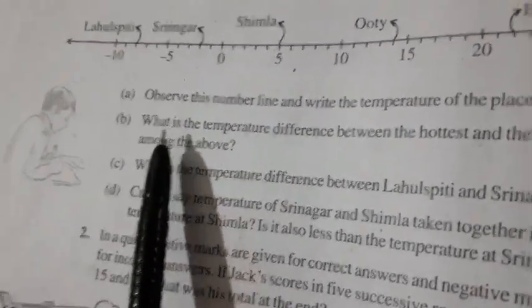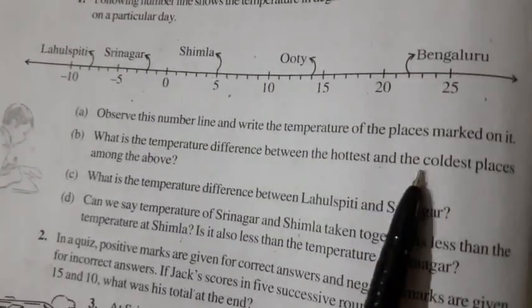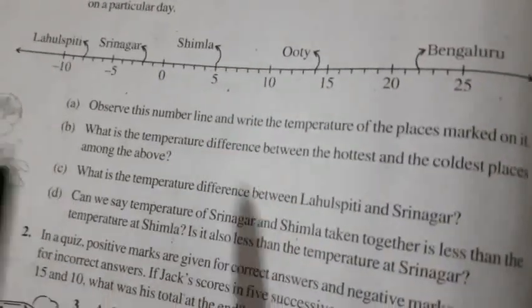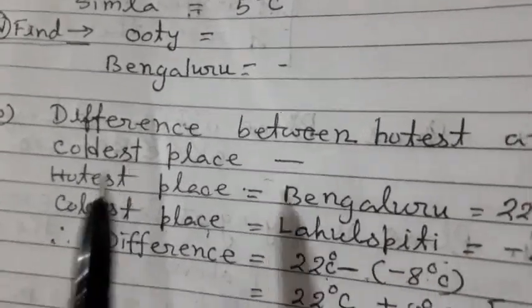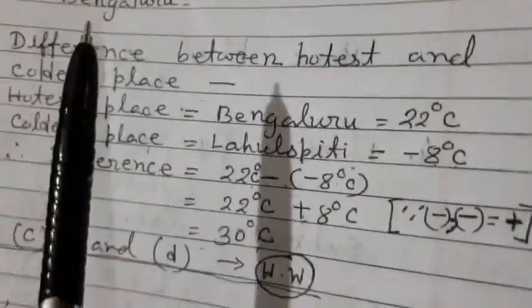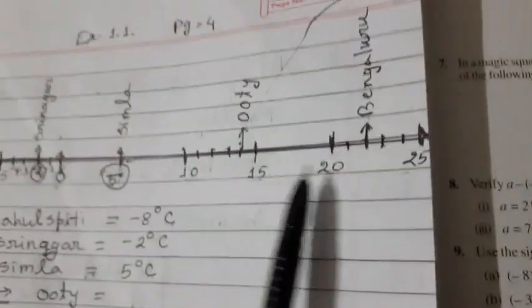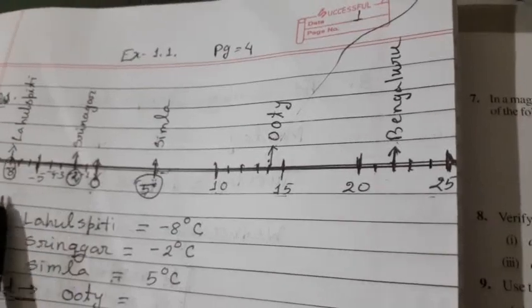Now I will explain the second question. The second question is: what is the temperature difference between the hottest and the coldest place among the above? We know that numbers increase toward the right hand side of 0 and decrease toward the left hand side of 0.